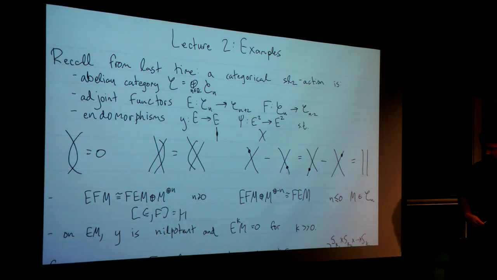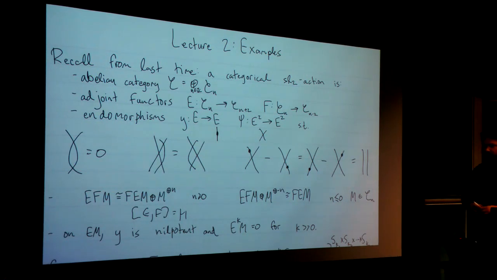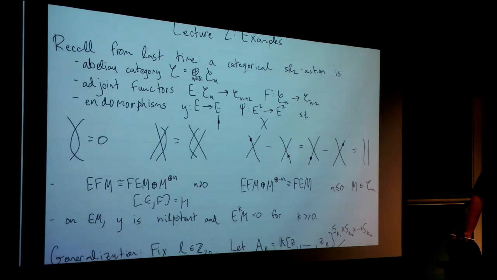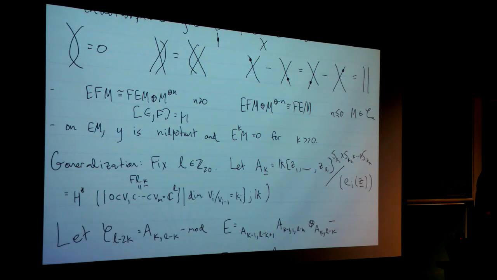All right. And then finally, I had this funny little technical condition that Y is nilpotent, and if I apply E enough times, it gets 0. All right. Well, I probably shouldn't call this a generalization. The idea was this was a generalization of the example that I asked you to do as an exercise.